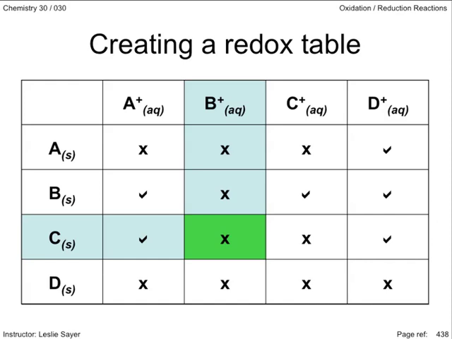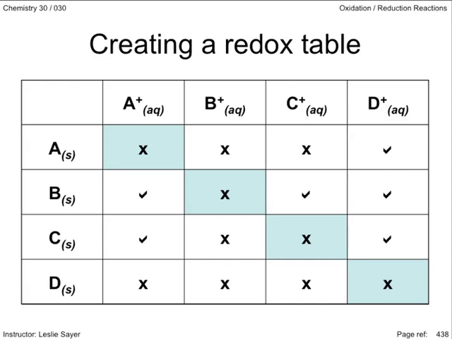That is, products are not formed, or the reaction is not spontaneous. But a reaction between the D ion and the B metal is spontaneous, and we can expect products. Notice we never see reactions between a metal and its own ion.